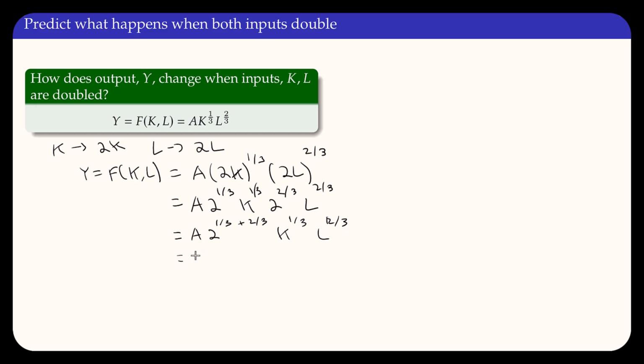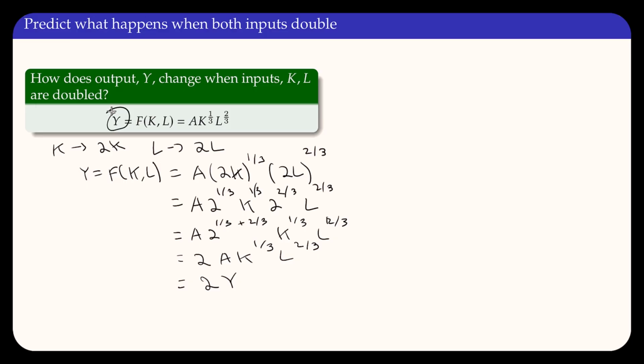And we end up with 2 to the power of 1, that is 2, times A k^(1/3) L^(2/3), which is equal to y, output, right? Y over there.